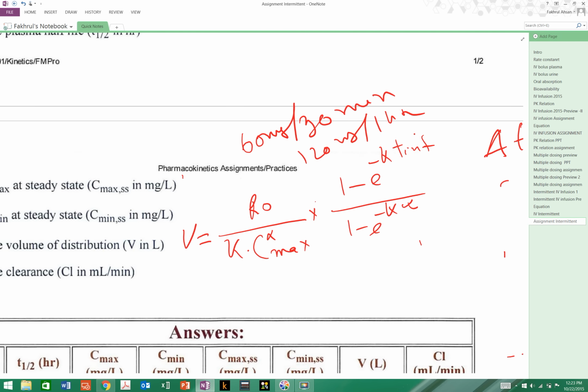Infusion time is 30 minutes. Then you replace this equation with those data, and you should get the V, which is volume of distribution at steady state, and this is the correct or accurate equation.